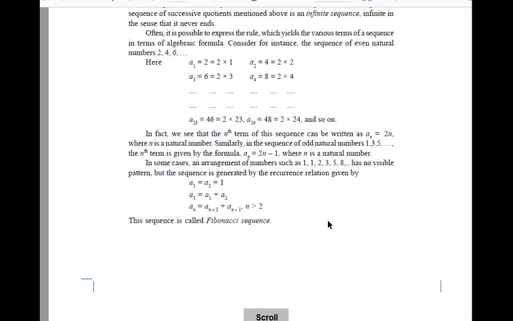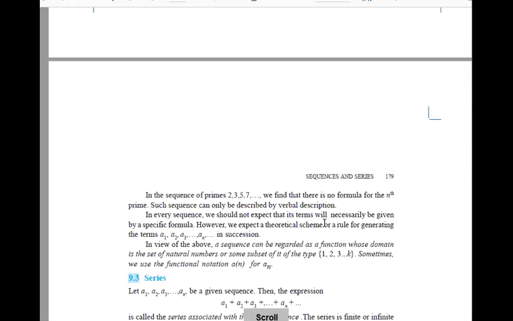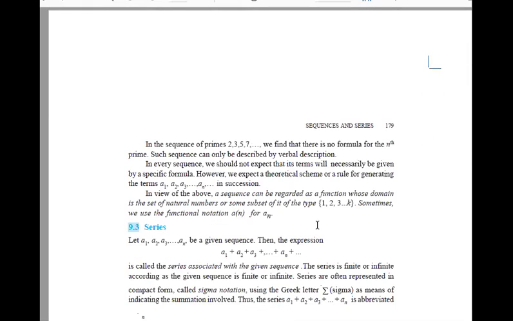So what is an AP? If in a sequence every consecutive term has the same common difference, then that is your arithmetic progression.